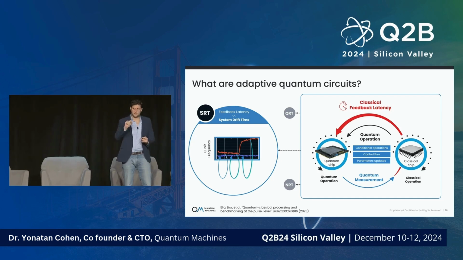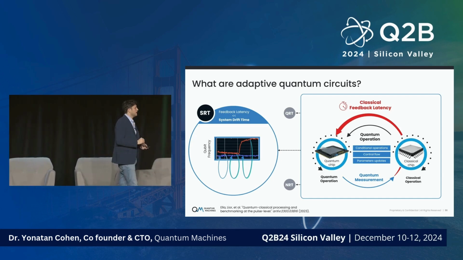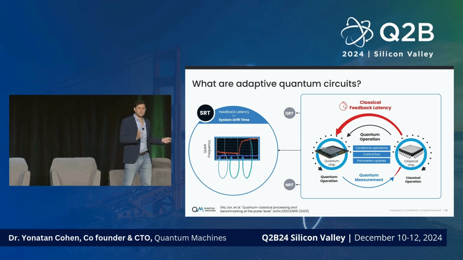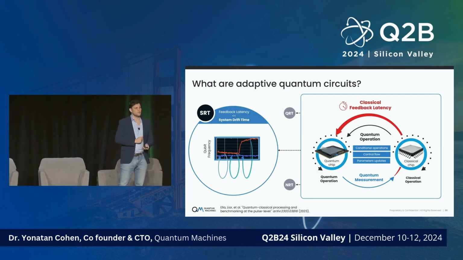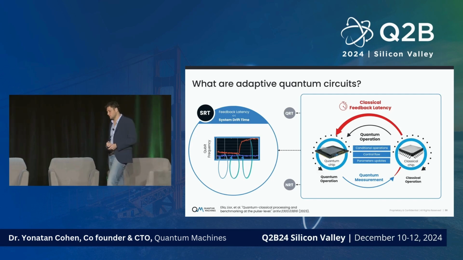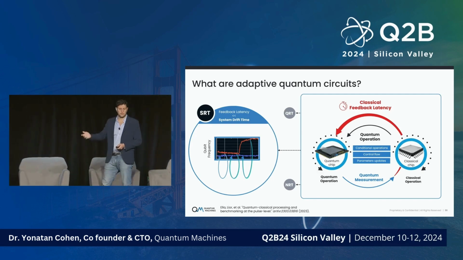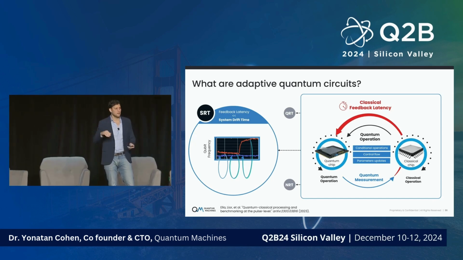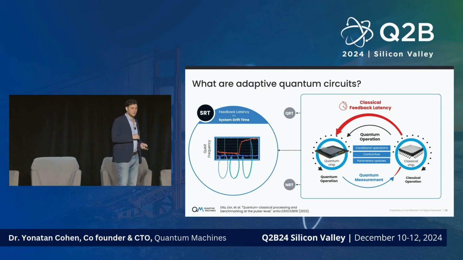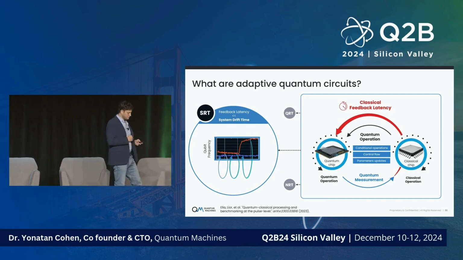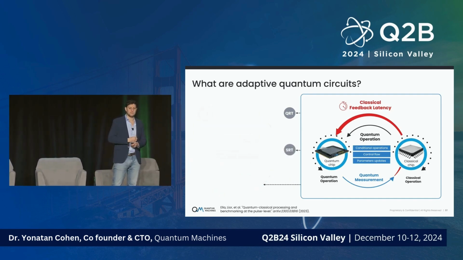You see that it drifts and then it jumps. It's pretty bad, and this is one of the major sources of errors in quantum computers. But if we can adapt the parameters of our quantum circuits faster than those drift times, then we can flatten the curve, as you can see in this blue curve at the bottom. So this is system real-time adaptive quantum circuits.